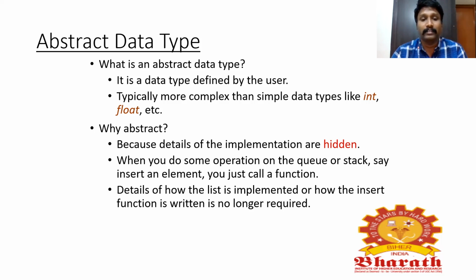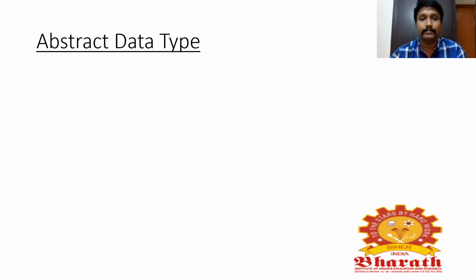The implementation is hidden. The details of how the list is implemented, and list might mean a list, a queue or a stack, or how the function is written, are no longer required. Implementation is not needed. This is about the abstract data type.